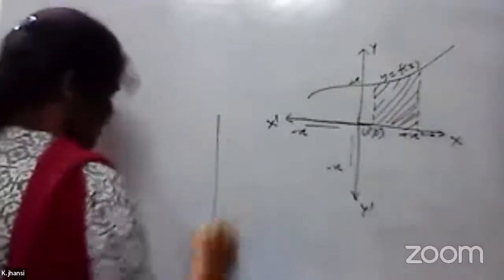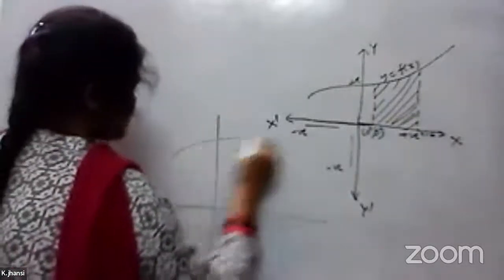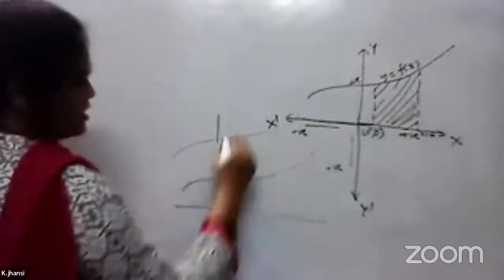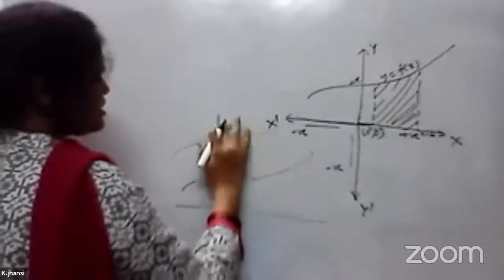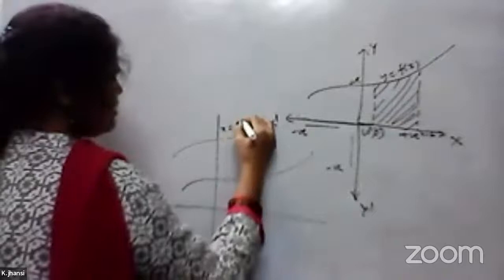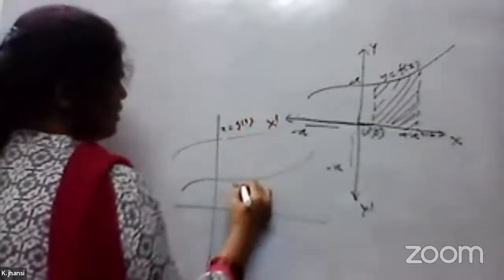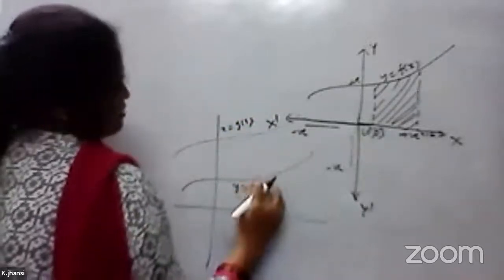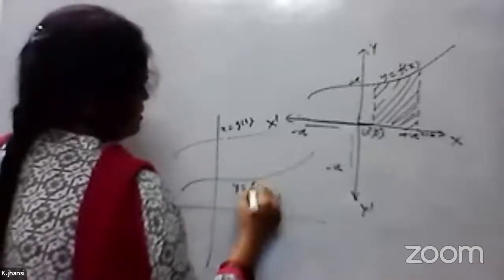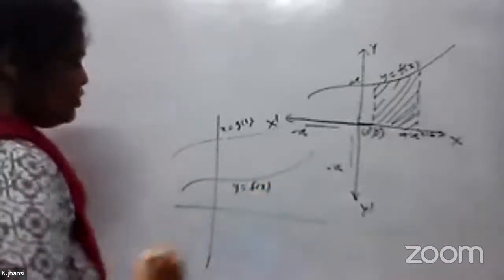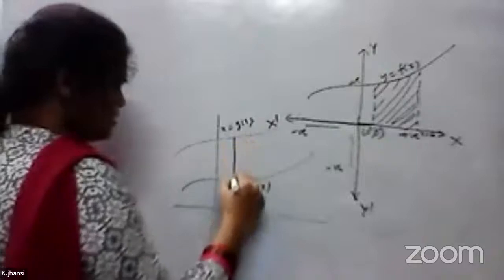If it is two functions, the two functions will go like this. This is x equals g of y, and this is y equals f of x. So this area in between the two functions is what they will ask.